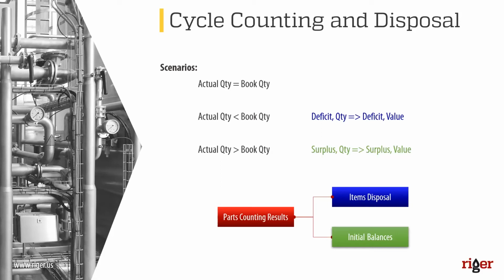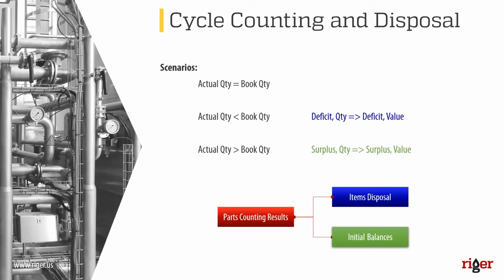So we have a document in RigER called parts counting results. There are a lot of actions that go into the process of building that document, and I am not really going into much detail about that because we did a webinar a couple of weeks ago that describes every single smallest nuance of this process.